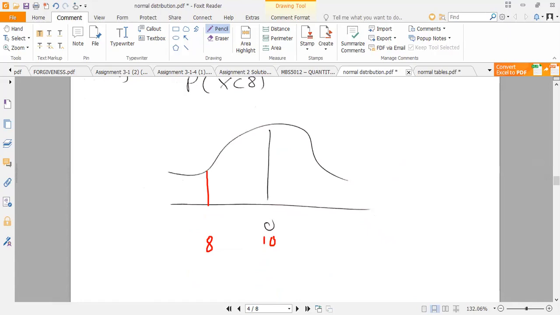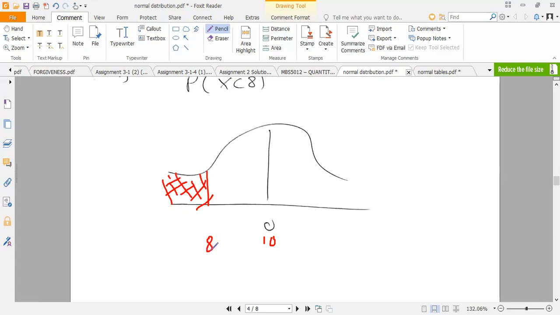We're shading the left side. Excellent. What does this shading tell you? Is it smaller or bigger than 50%? More than 50%. So we need to subtract from 1.